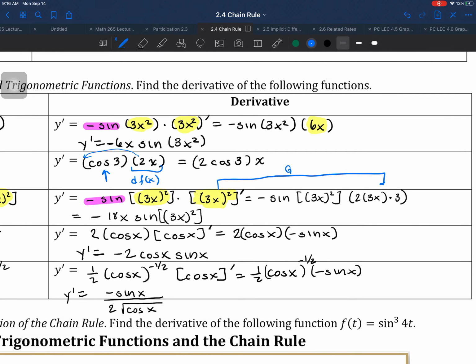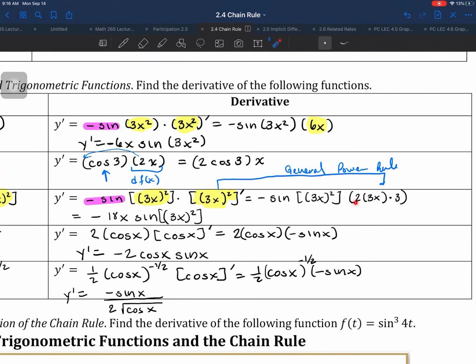Or in other words, the general power rule, right? So bring down the 2, leave the 3x as it is, take away 1 from the power, and then multiply by the derivative of the inside. So let me do that here.